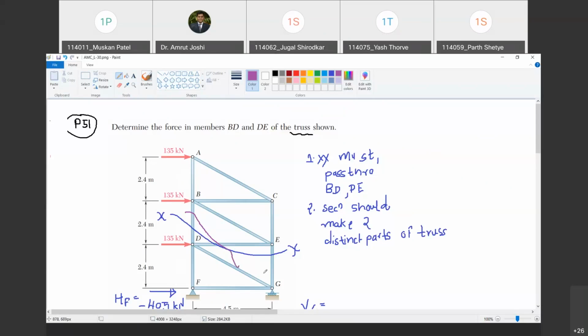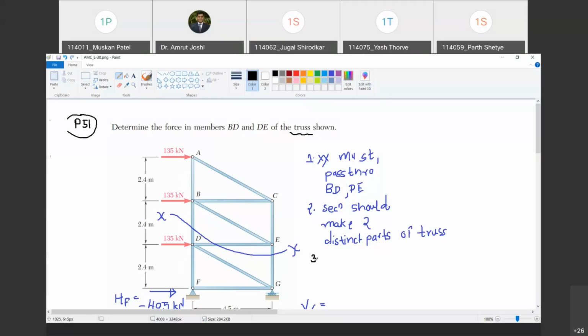Then the lower part and upper part will be connected through member EG. Do you agree with me? Yes, sir. So this section is not a valid section. Therefore, any section must divide the entire truss into two distinct parts which don't have any connection other than the cut members. Are you with me? Yes, sir.